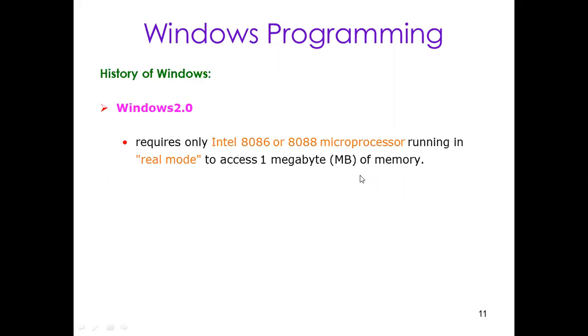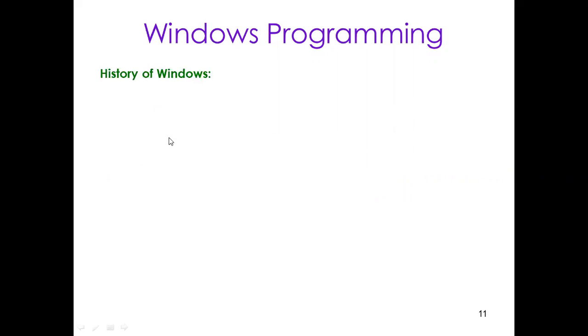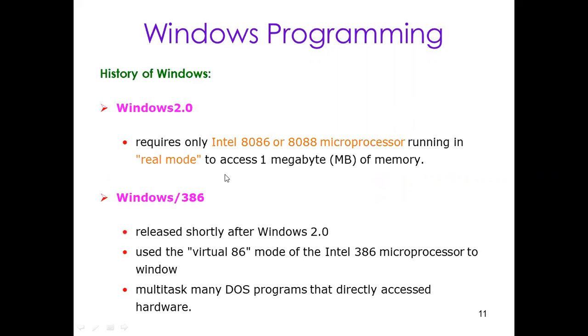Windows 2.0 is actually continued here, where we describe the processor used in Windows 2.0, or the hardware features supported: Intel 8086 or 8088 microprocessor, with limited memory, about 1 MB of accessible memory.